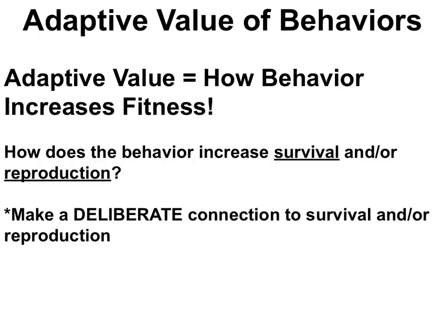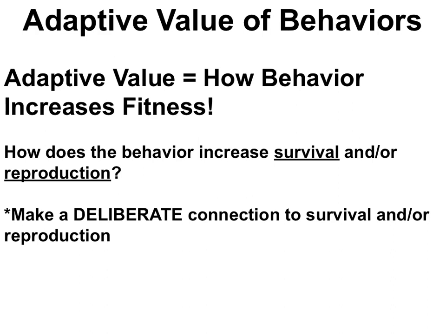When you think about behaviors, heck, when you think about biology, I want you to see everything through the lens of evolution. So with behaviors, it's important to think of the adaptive value of behaviors. Adaptive value is just a fancy way of analyzing how a behavior or trait increases the fitness of organisms.